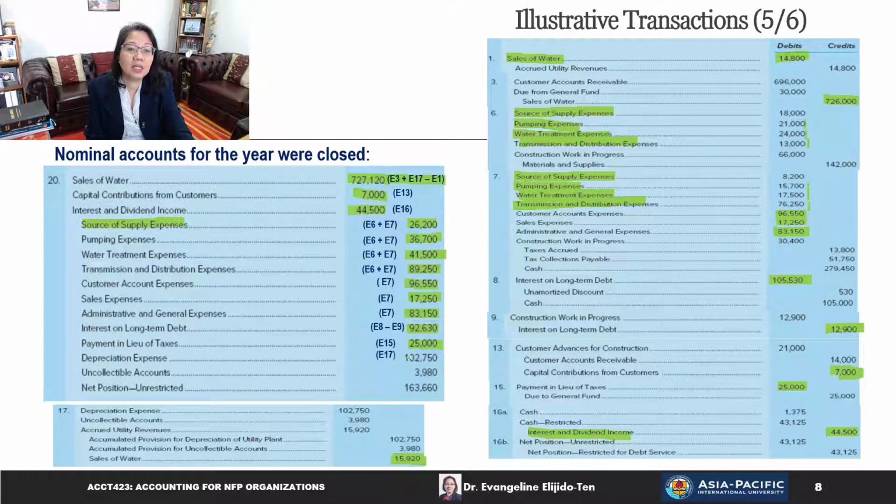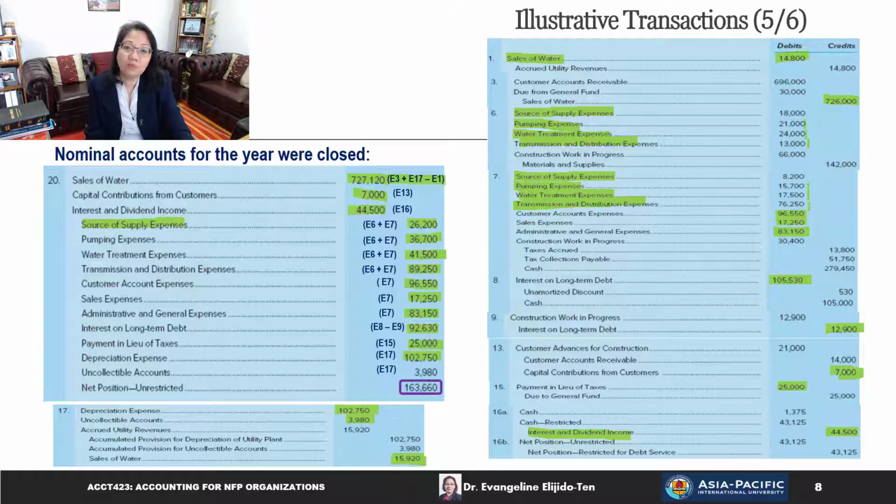Depreciation expense is found in entry number 17 for 102,750. So we will be crediting that for that amount. Uncollectible accounts also is in entry 17 for 3,980. So it has a debit balance, so we'll credit it to close it.